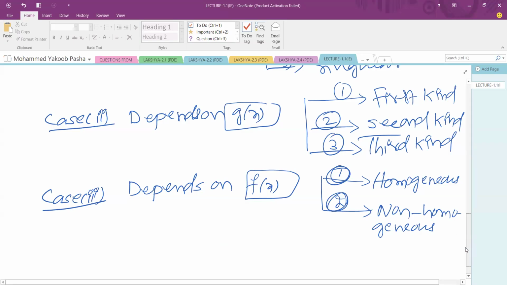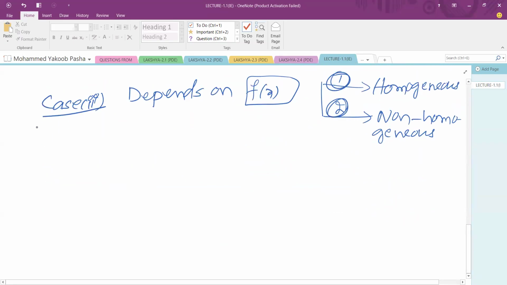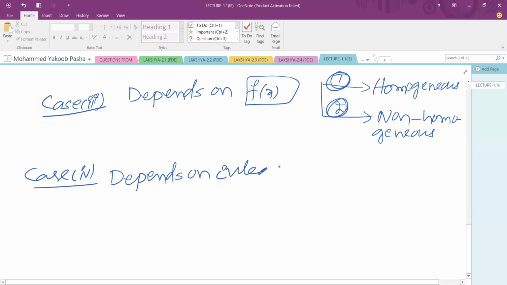And fourth case, very important case, depends on integral limits. That means lower limit and upper limit of the integration. We can classify integral equations into two types.